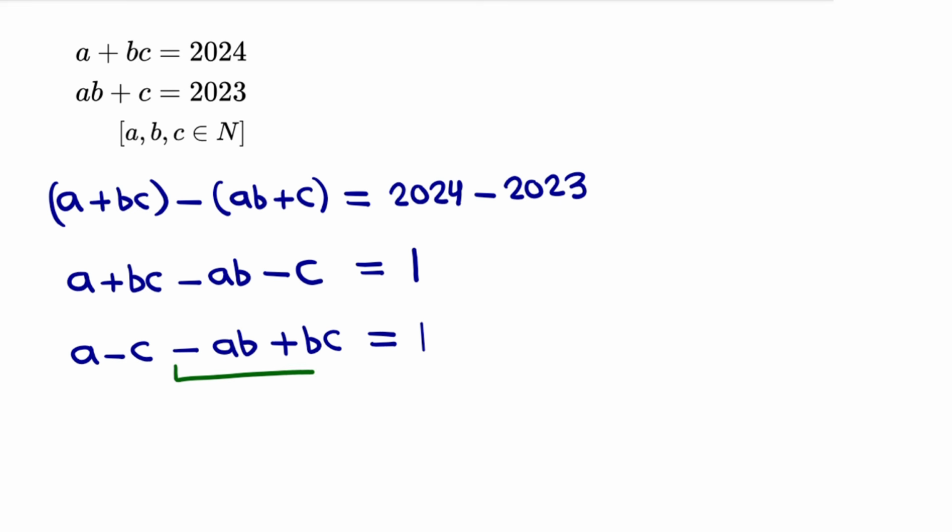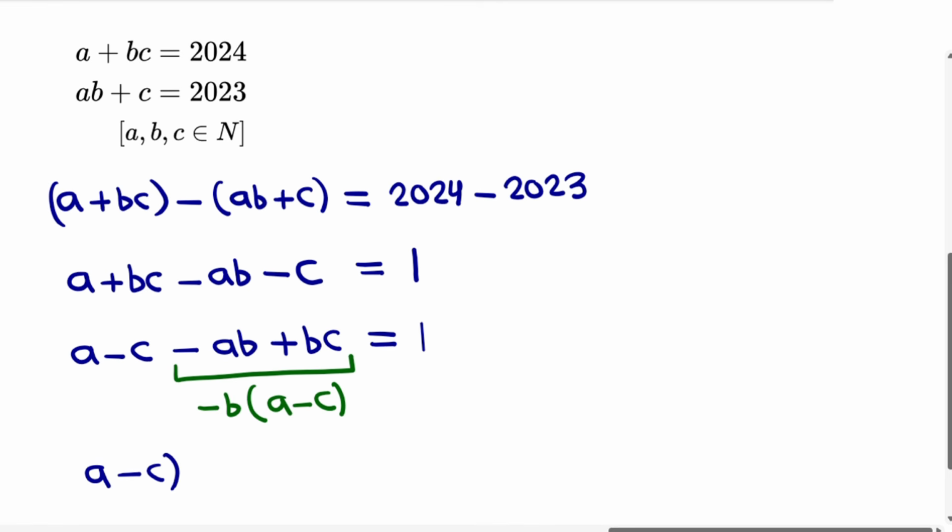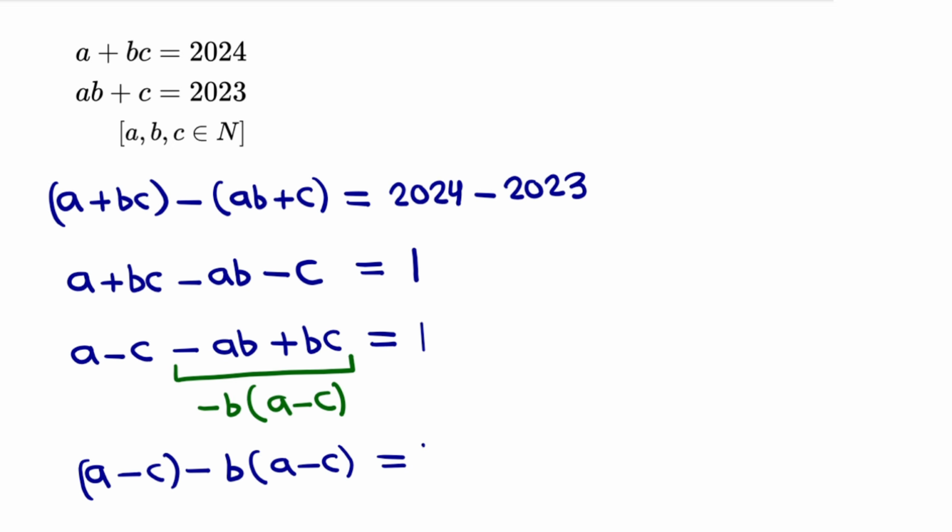The last two terms both contain B, so factor out negative B. That gives us negative B times (A - C).